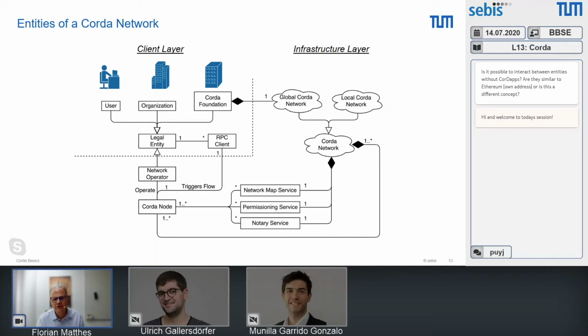A flow collects information from the parties. The parties then perform computations, and the flow also coordinates that the signings of the parties take place and that the contracts are executed, which validate the state transitions. Only if everything worked well, the flows terminate, and then we have notary services which make sure that the temporal constraints are ensured.